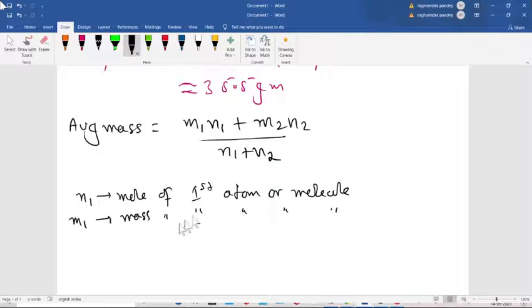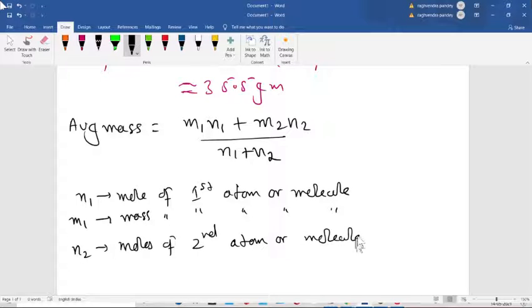Then similarly, n2 is the moles of the second atom or molecule, and m2 is the mass of the second atom or molecule. So this is the thing.